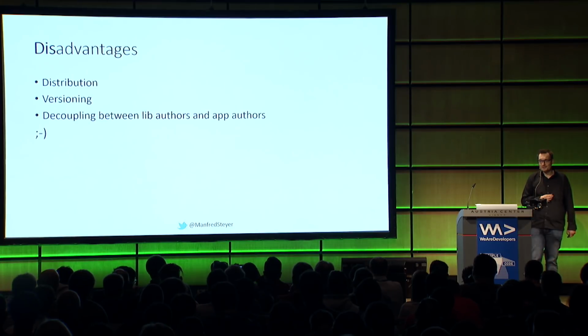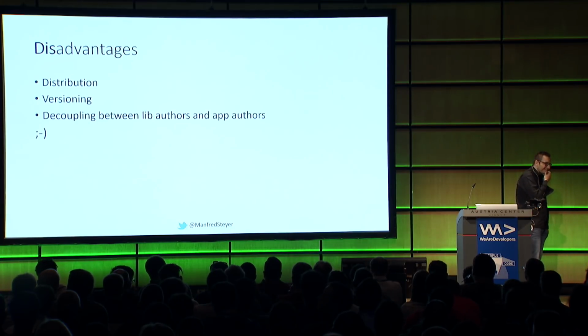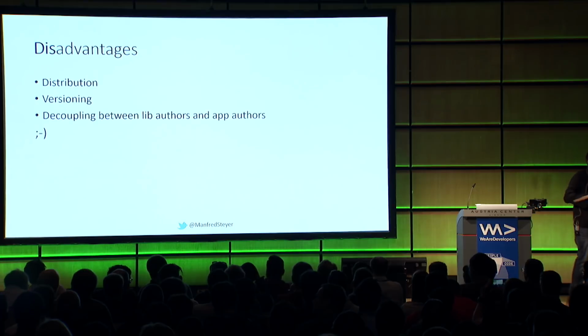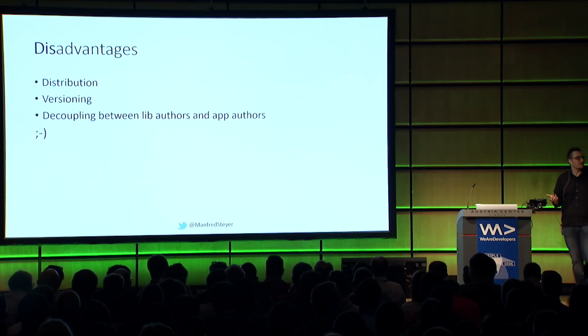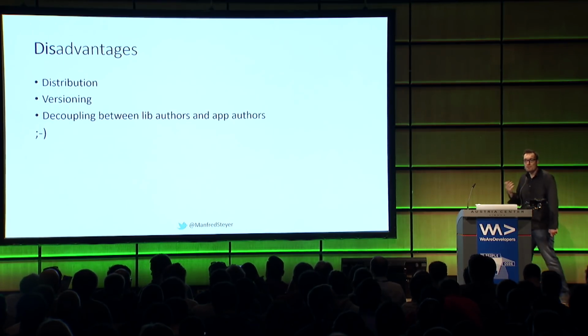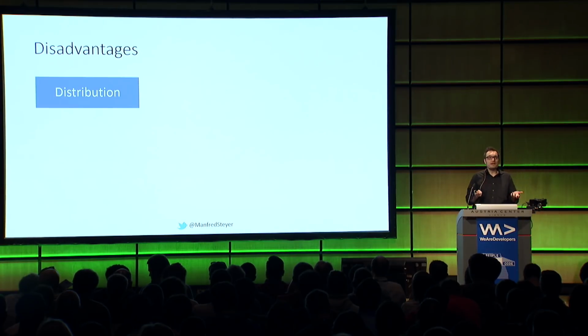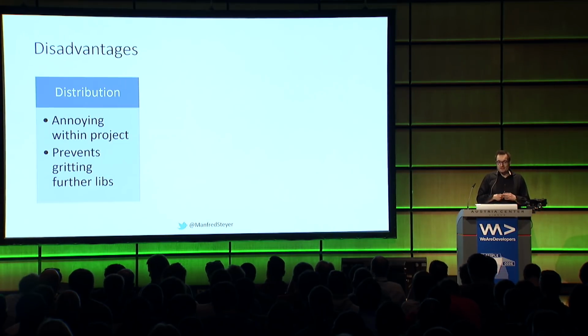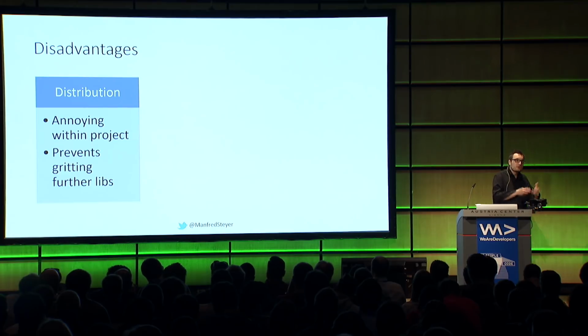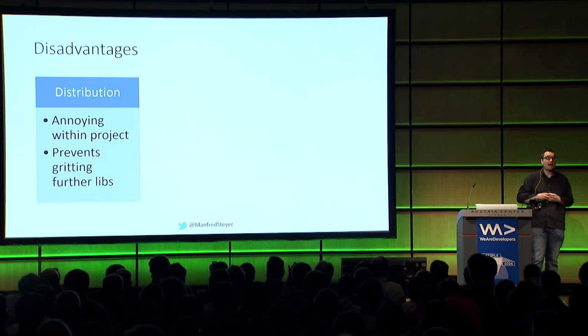Look at these. So it turns out that all those advantages are also disadvantages. Let me elaborate on this. For instance, when it comes to distribution, it is annoying to create new libraries just to subdivide a huge project into tinier pieces.